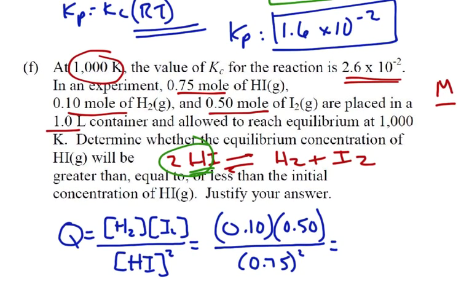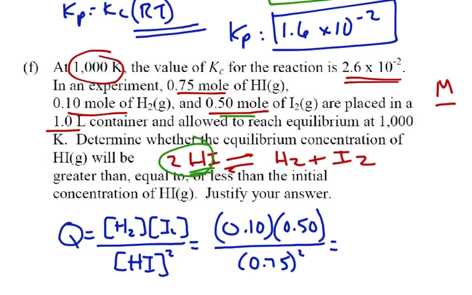Now this is a Q problem. So if we have values, all we have to do is substitute them back into our K expression, but we're going to call it Q because we're not using equilibrium values. So my H2 concentration from the reading is 0.1. My I2 concentration, looking carefully at the reading, is 0.5.